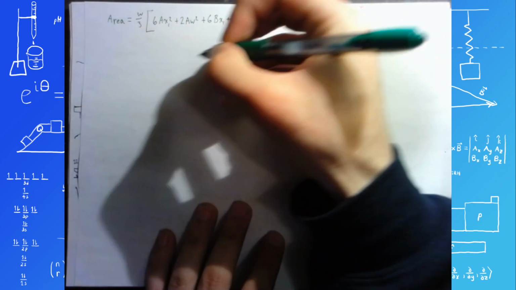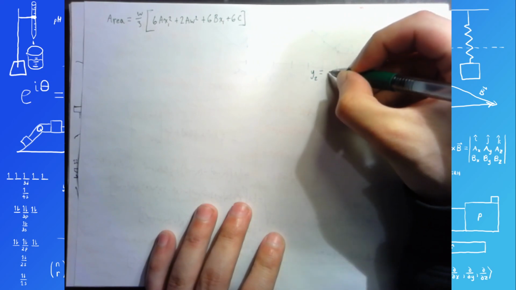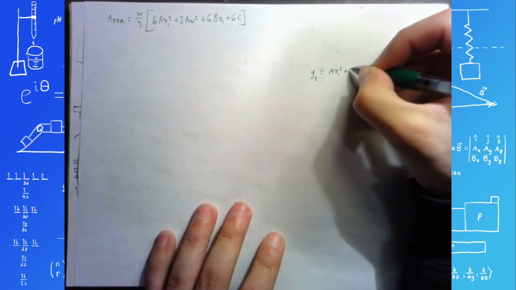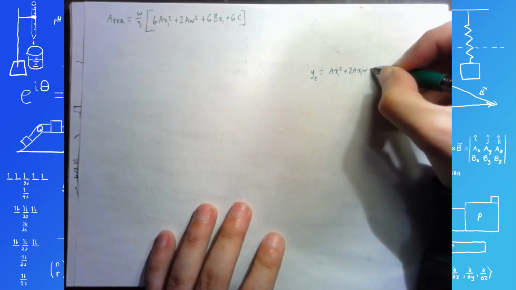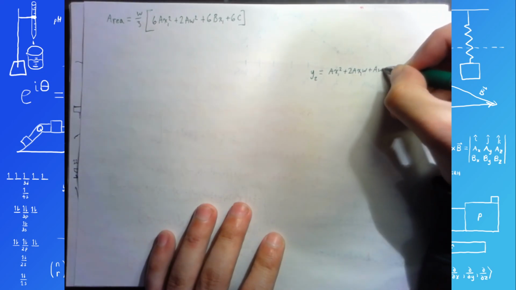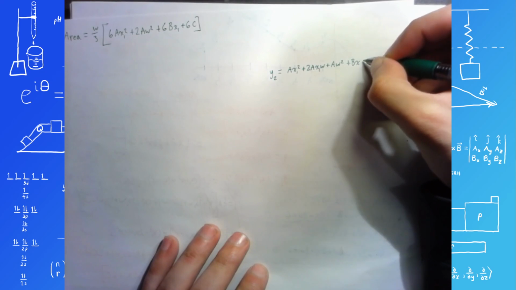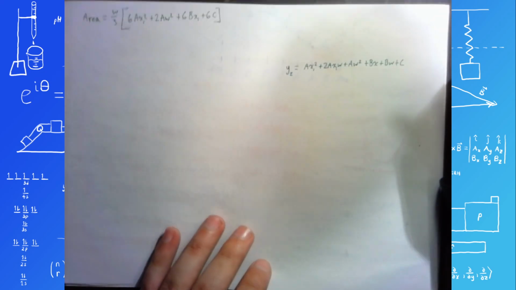So I'll write it over here, y2 equals ax1 squared plus 2ax1w plus aw squared, and then plus bx plus bw plus c.